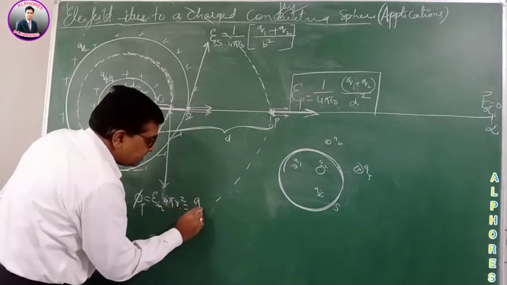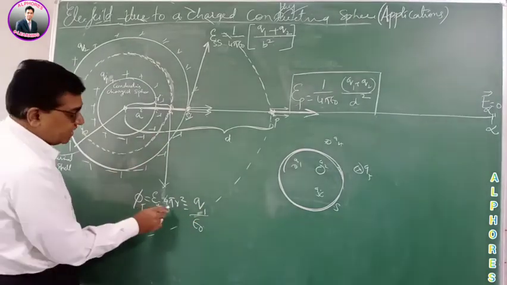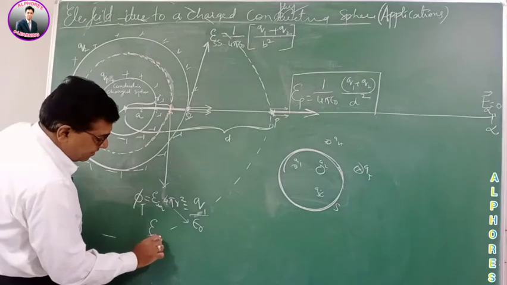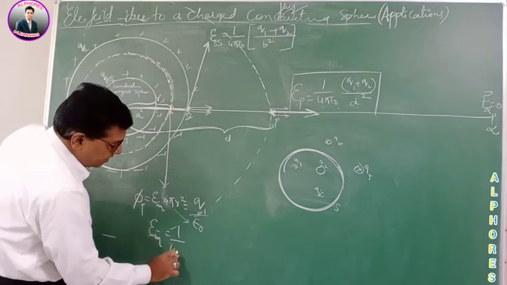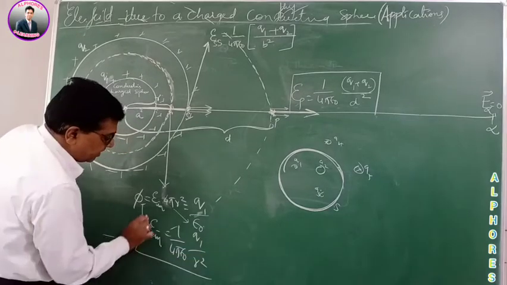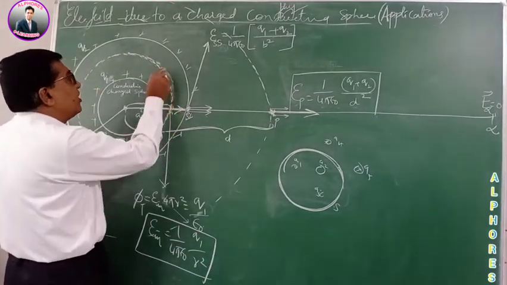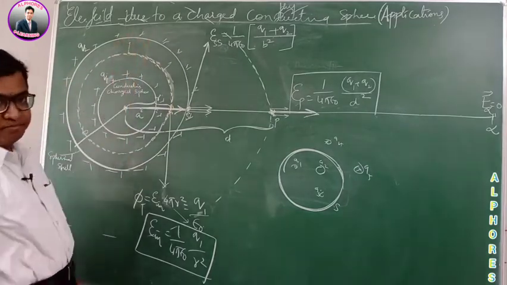So flux is Q1 by epsilon naught. Taking this, the electric field inside is 1 by 4 pi epsilon naught Q1 by r square, direction again radially outward. Any point you consider, it will be radially outward.